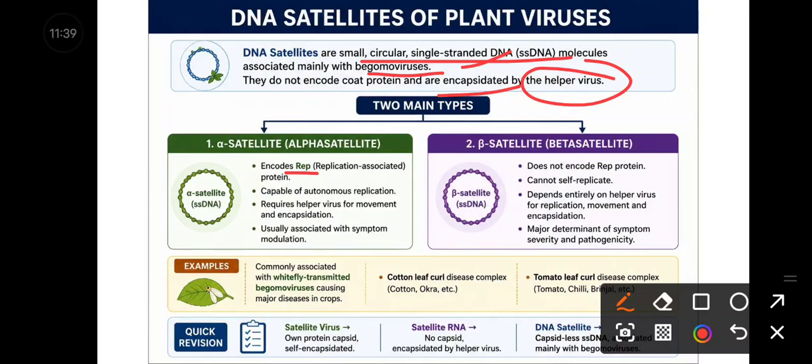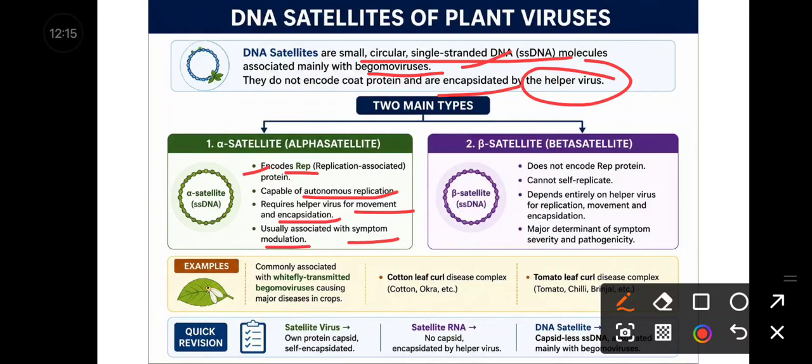Rep protein, when we discuss the virus replication, we will discuss these things. Rep protein is very essential for the replication of DNA viruses. So as it encodes the Rep protein, it can perform its replication autonomously. So it requires helper virus only for movement and encapsulation. So usually associated with symptom modulation. So it modulates the symptoms of the helper virus.